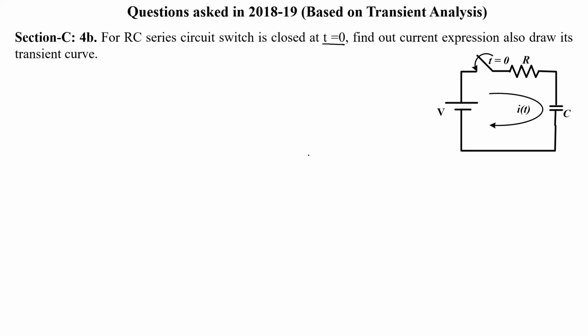Okay, now at initial condition, initially at t equals 0, we are talking about t equals 0. t equals 0 means सर्किट ऐसा कंसीडर किया गया है. तो जब भी सर्किट ऐसा कंसीडर किया गया है, then initially the capacitor behaves like a short circuit.